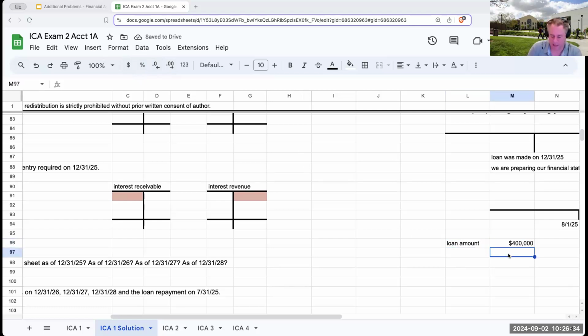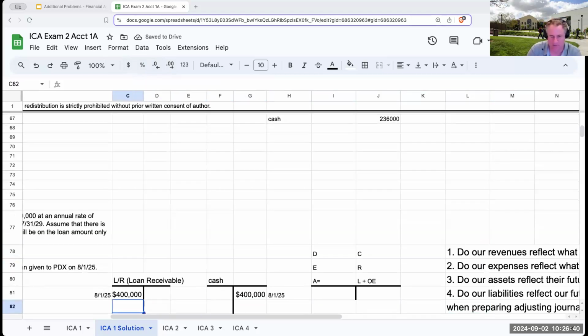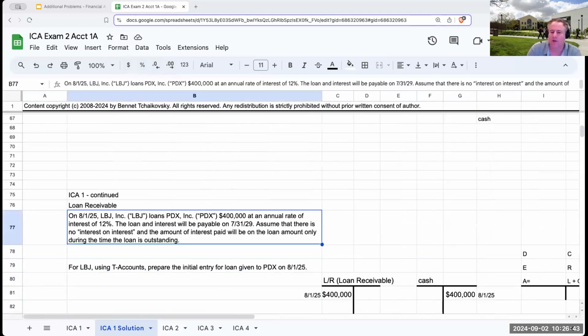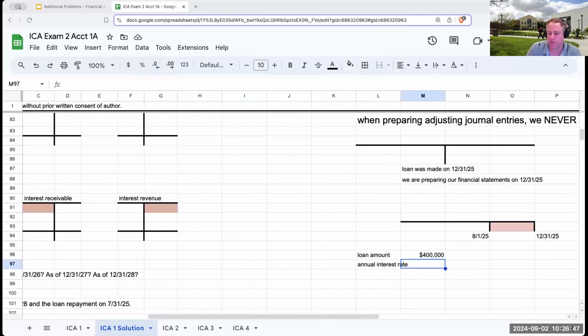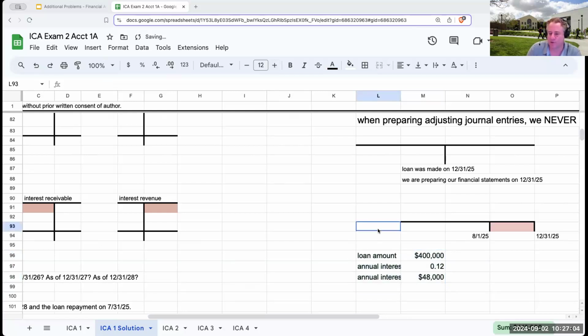So my interest rate, whenever we see an interest rate, is always an annual rate unless it says otherwise. Annual rate of interest is 12%. So over here, my annual interest, look at that spelling, is $48,000. Okay, so that's the annual interest.